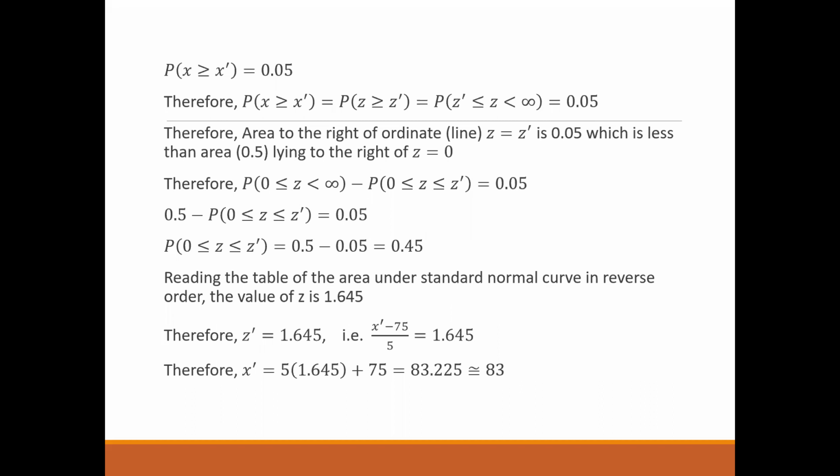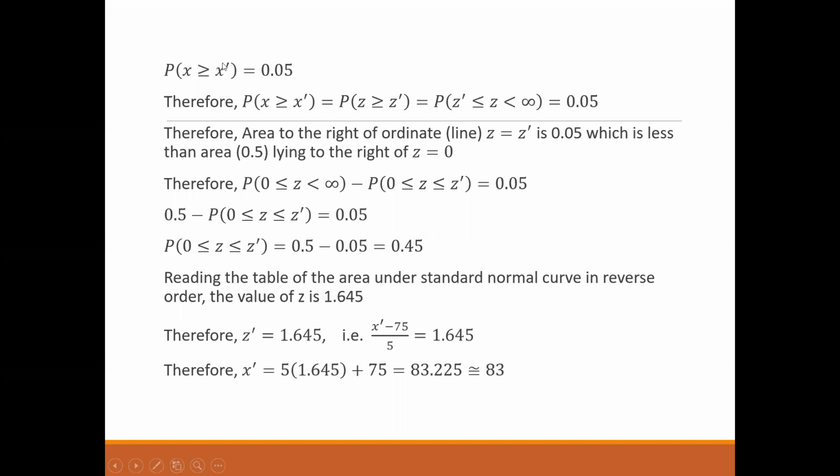So the top 5% of the students who are getting grade A, the lowest mark is 83. Now using the same concept, you have to go ahead and solve the second part of this. Here we are going to find the highest mark for grade F. So in the previous equation where we had X greater than or equal to, now instead of greater than or equal to, we are going to have less than or equal to.